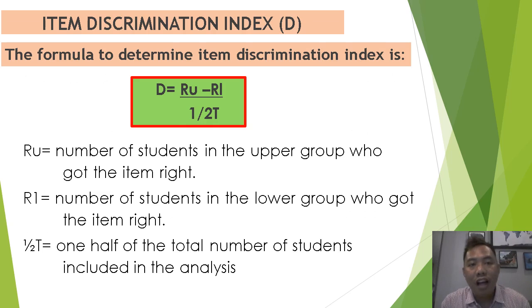For the formula to determine the item discrimination index, we have D equals RU minus RL, divided by 1/2 T, where RU is the number of students in the upper group who got the item right, RL is the number of students in the lower group who got the item right, and 1/2 T equals one half of the total number of students included in the analysis.